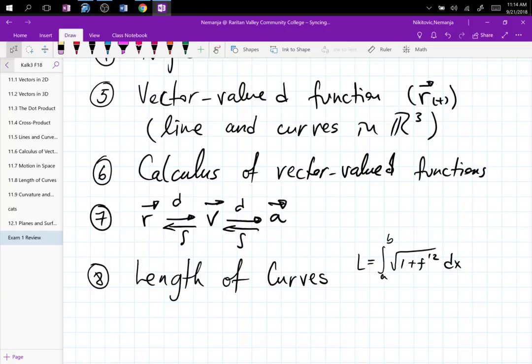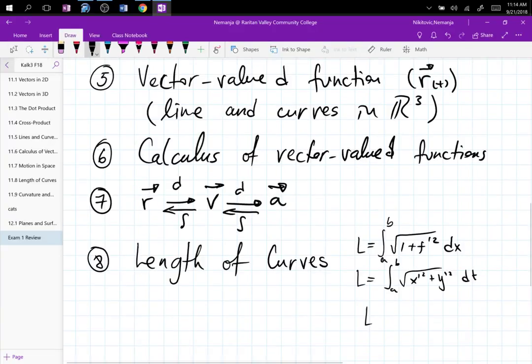And then you have the parametric one, which is the one that we did in honors. You need to know the derivation, how to switch from one to another. So this was the square root of x prime squared plus y prime squared dt.